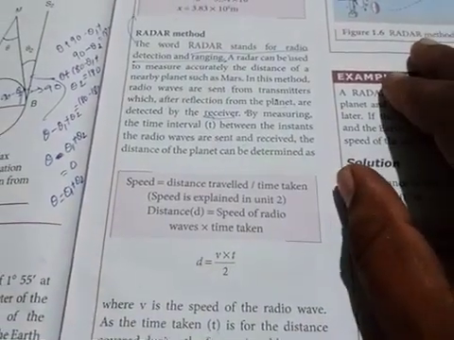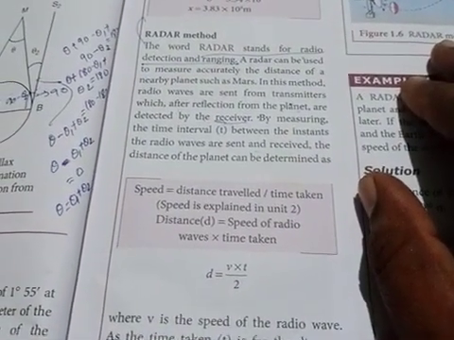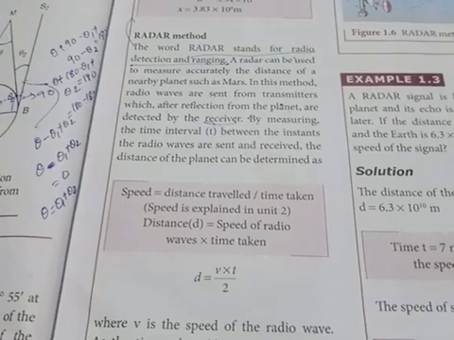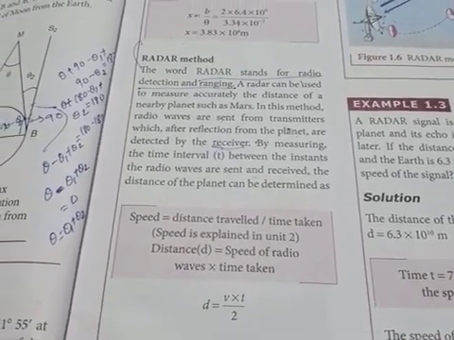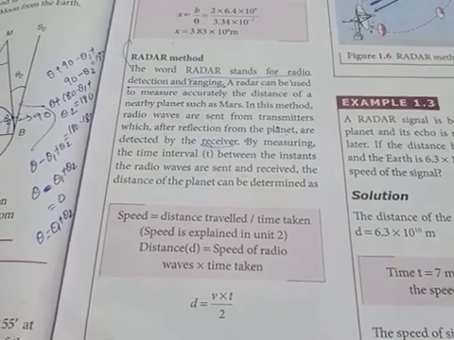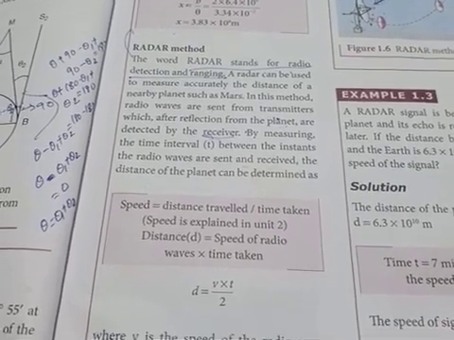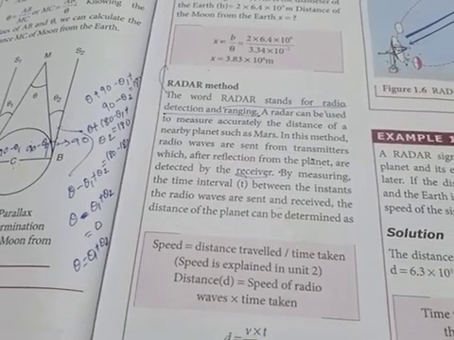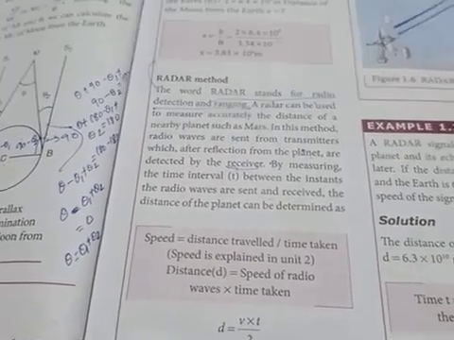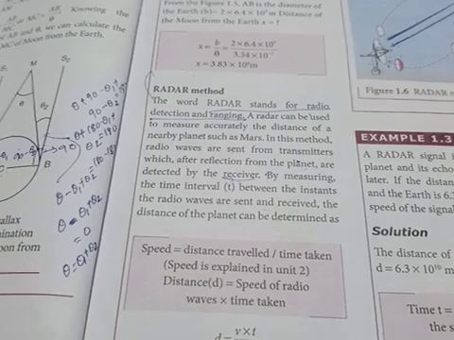So from this last video and this video, we have discussed how to find out shorter lengths and shorter distances by using screw gauge and vernier caliper. And today's video, parallax method.